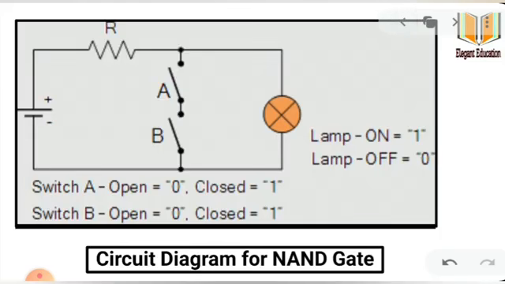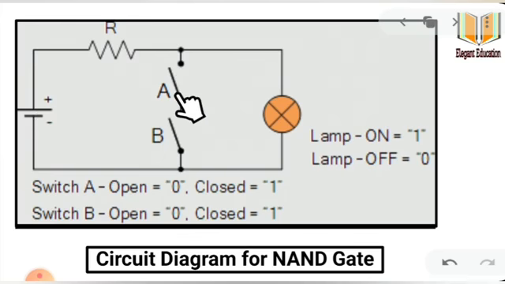Now, as I discussed, we'll be learning the circuit diagram of this one. In this circuit diagram, we have a battery, one resistance, two switches, and one lamp. This symbol indicates the lamp. Now, what is happening in this case?